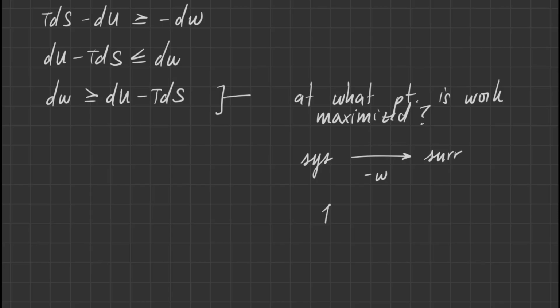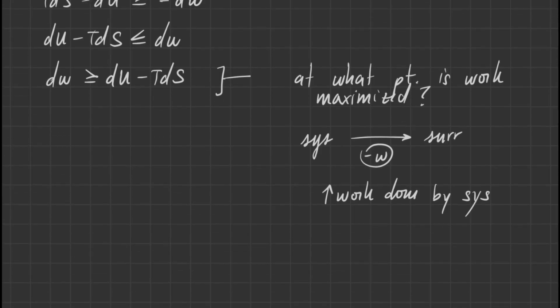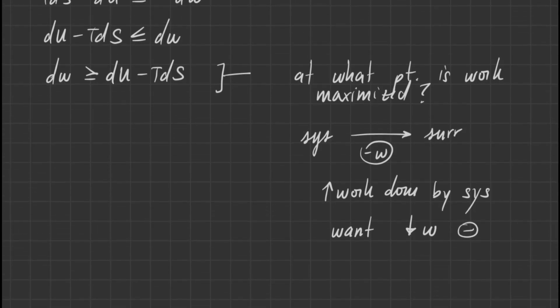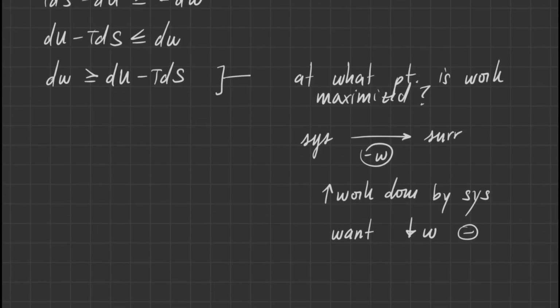So if you want to increase the work done by the system, then we want work to be more negative. Right, well, not in magnitude, we just want it to be more negative.